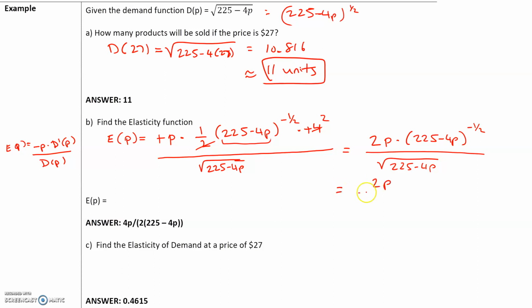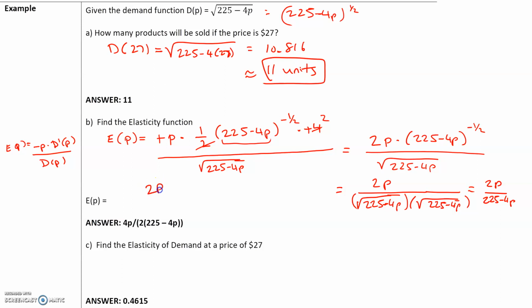So we have 2p, and the denominator has the square root of 225 minus 4p twice. If you multiply the same expression, square root times square root, then the square root goes away. So our answer is 2p on the numerator and 225 minus 4p on the denominator.